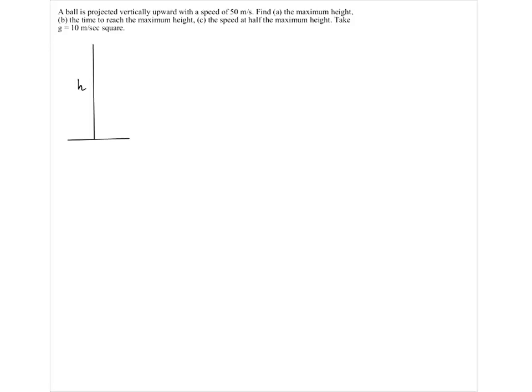Let's take upward direction as positive direction. Plus y you can say. S equal to ut plus half at square. But time is not known.